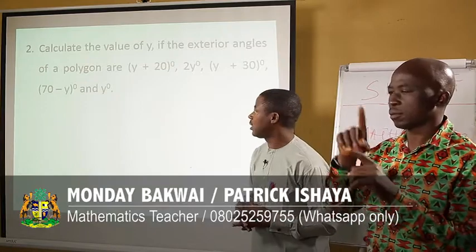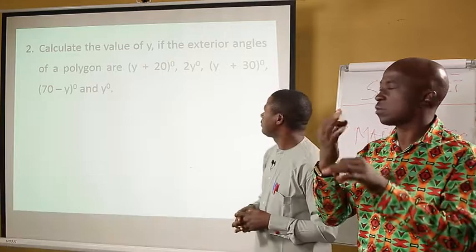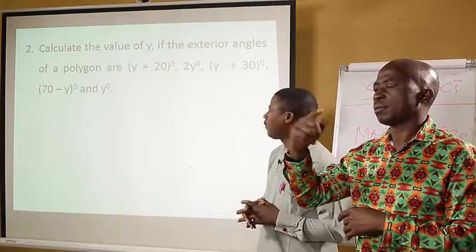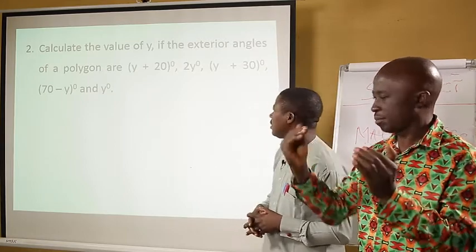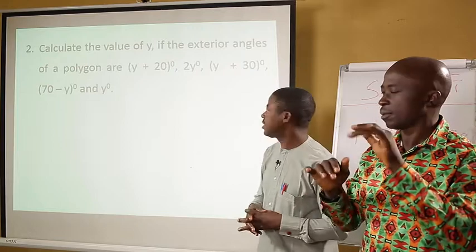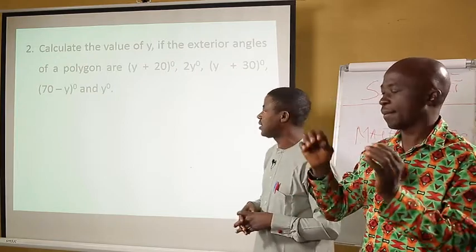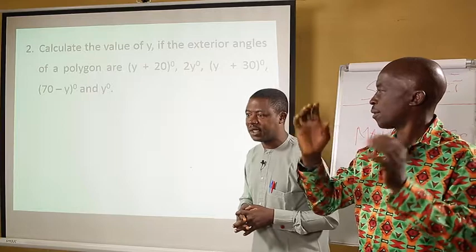Question 2, we are expected to calculate the value of y if the exterior angles of a polygon are (y + 20) degrees, 2y degrees, (y + 30) degrees, (70 - y) degrees, and y degrees.